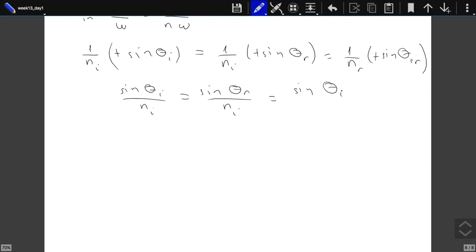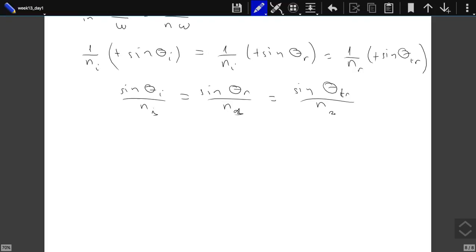Sine of theta transmitted divided by n transmitted, or n1, n2, n1, and n2.